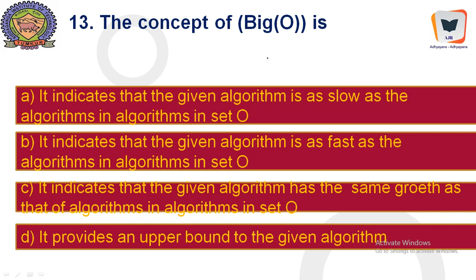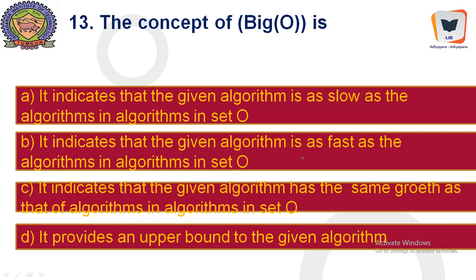There are two other metrics also, big theta and big omega. So the point in question is, the concept of big O indicates that the given algorithm is as slow as the algorithms in set O. Set O consists of algorithms which are as slow as the algorithms written by me. Okay, that is the meaning.